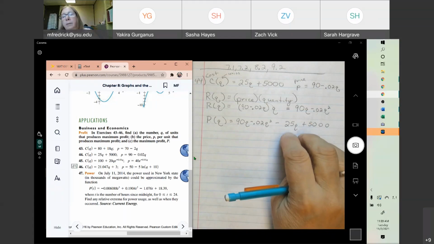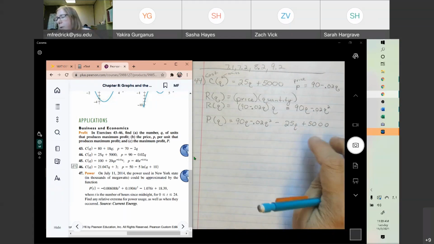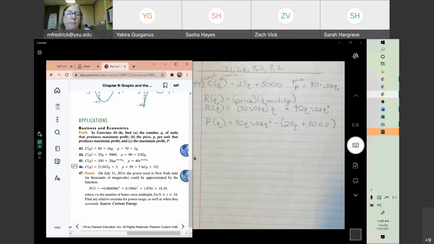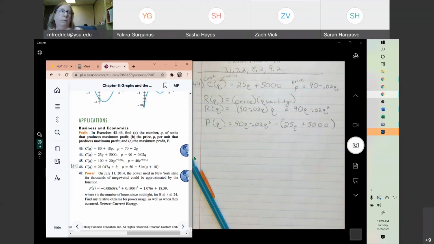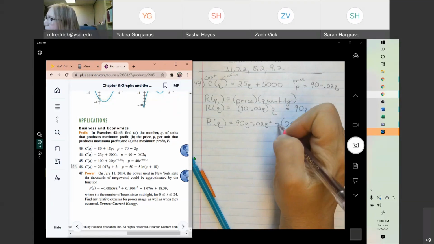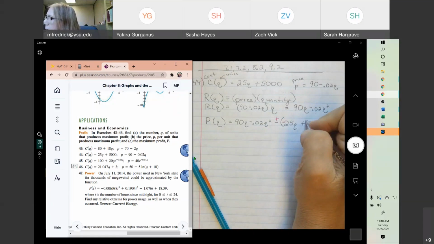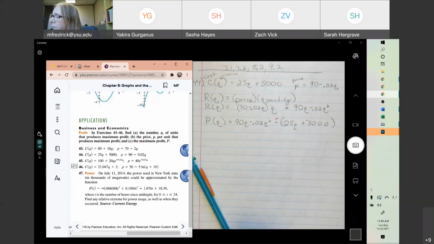Now you need to be careful because you have to subtract all of your cost, so it needs to be in parentheses. Any questions so far? Now, when you distribute this negative, you can make this a positive and change both signs. That way you don't forget.